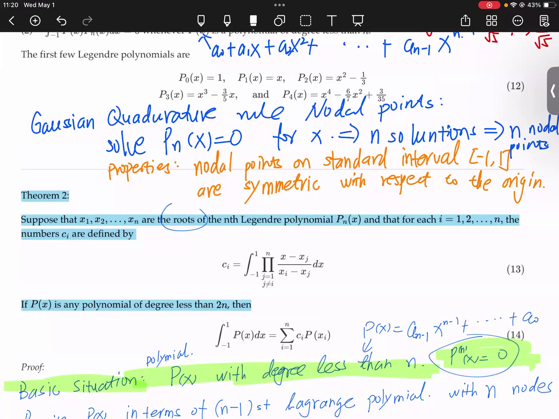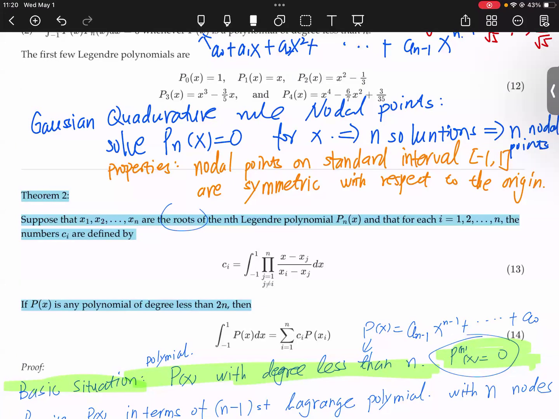Let's take a look at this one. Do you know the meaning of this notation here? This is just the basis function for the Lagrange interpolation, right? I'm going to write out the definition, since some people get confused.